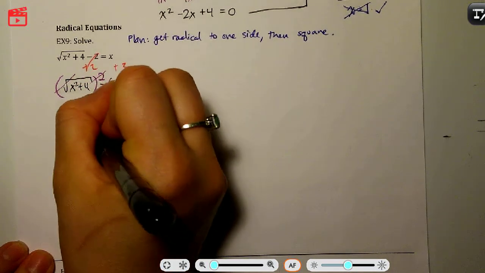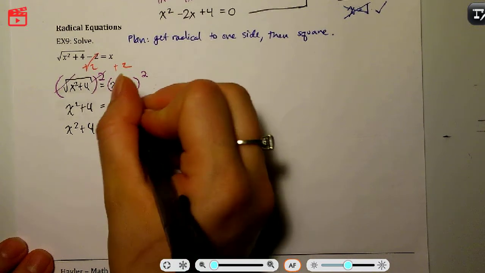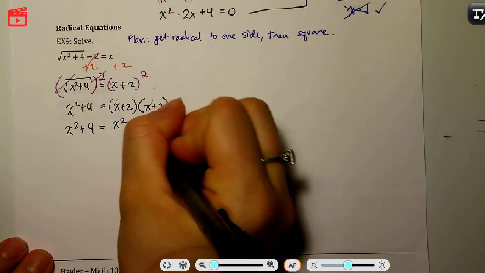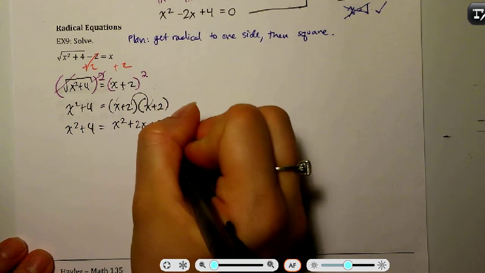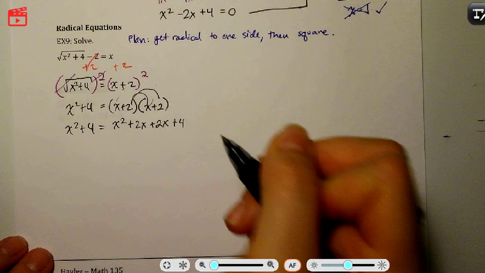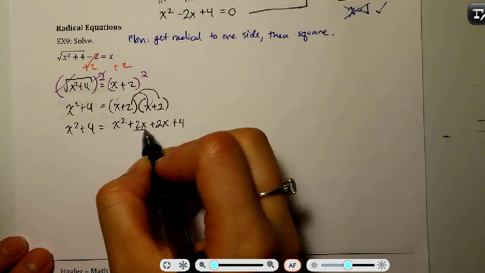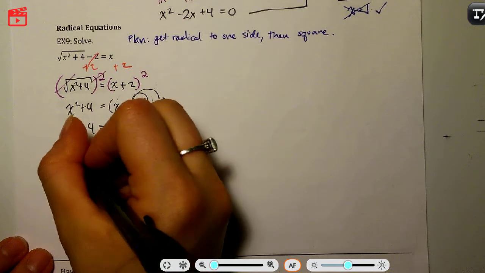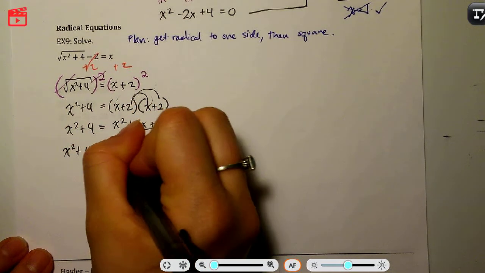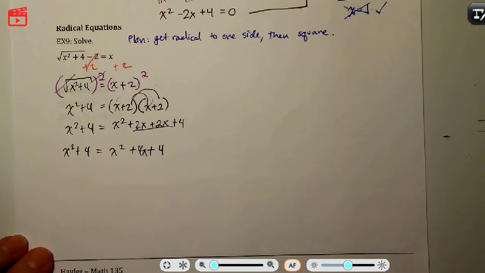So we get x squared plus 4 equals first x squared outside plus 2x inside plus 2x again, and last plus 4. Okay, let's go ahead and simplify that right side by combining these like terms. x squared plus 4 equals x squared plus 4x plus 4.